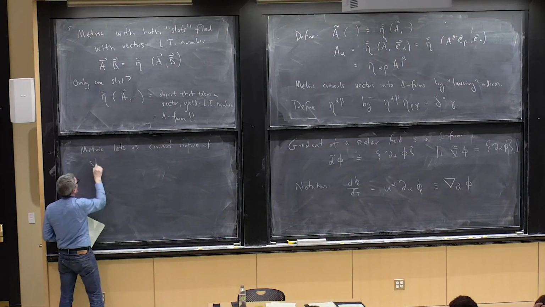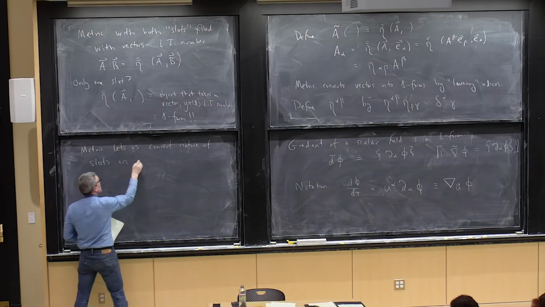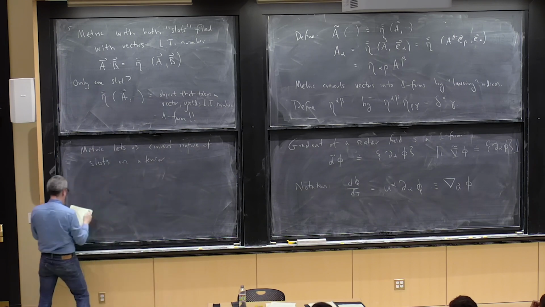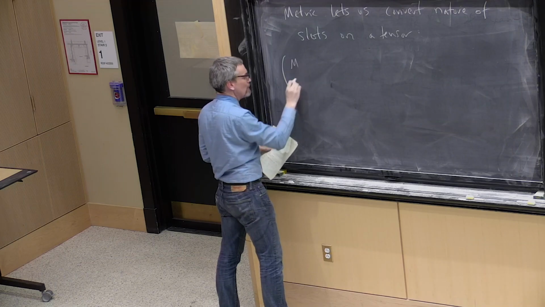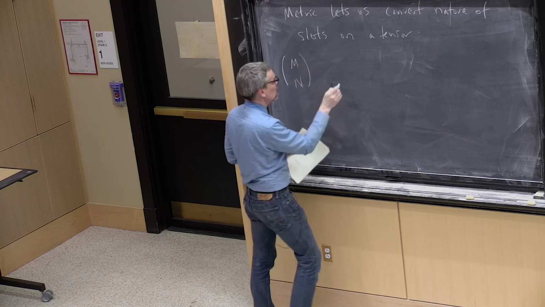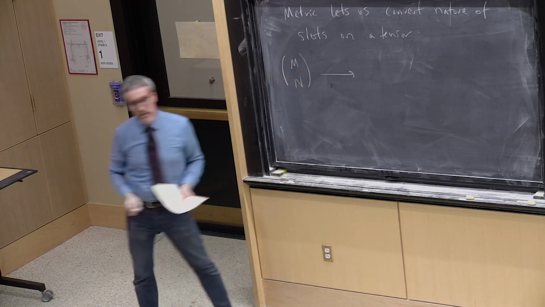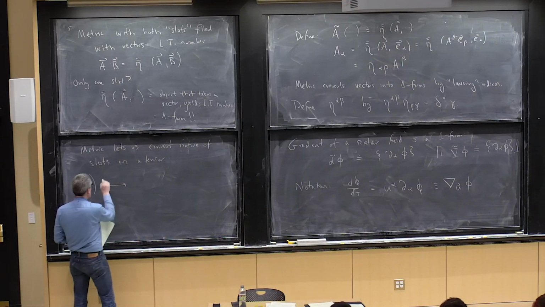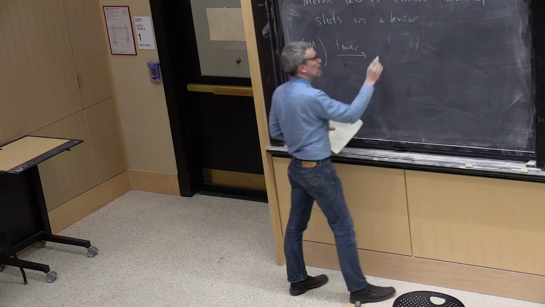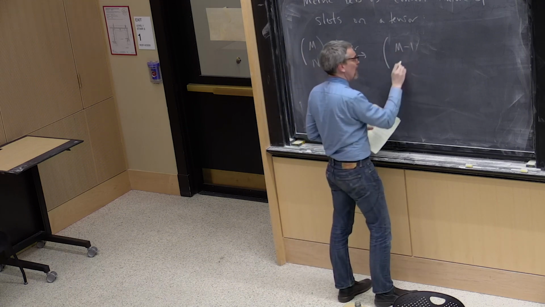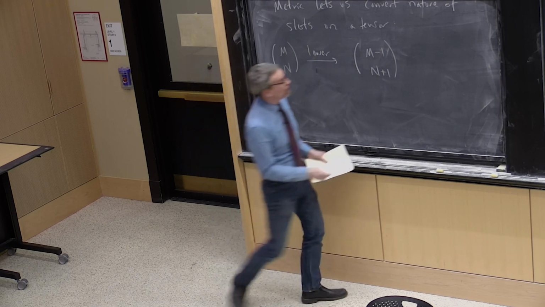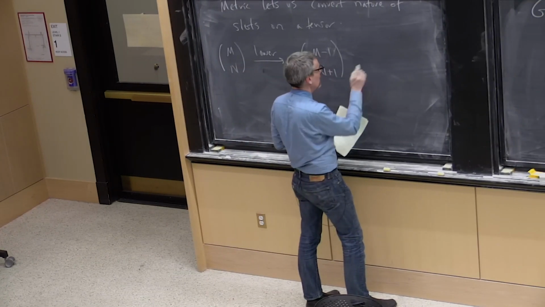The metric lets us convert the nature of the slots on a tensor. So if I have an (m, n) tensor, and I use the metric to lower, that means I make it an (m minus 1, n plus 1) tensor.